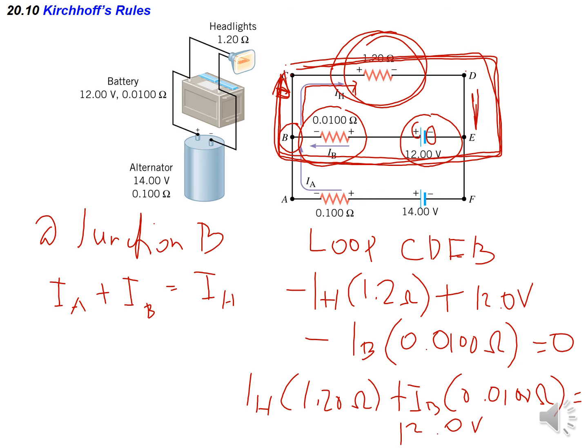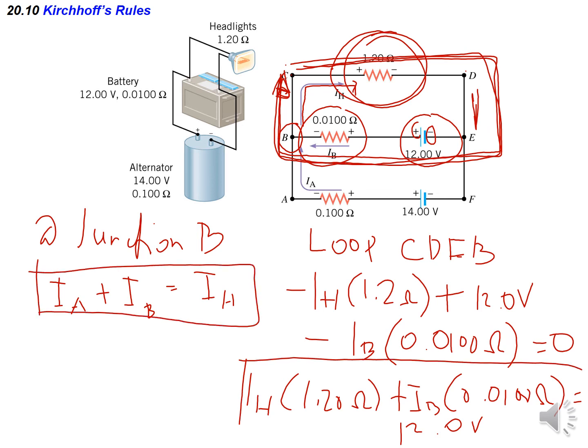So this is the second equation. Actually, the earlier one is our first equation, and this is our second equation. But as you can see, we still cannot solve the value of IA because there's still a missing equation. We cannot solve the currents IA, IB, and IH using equation 1 and equation 2, so we need to proceed to the third equation.